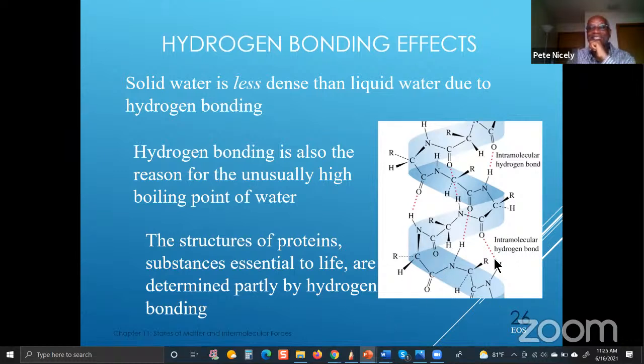So this is the DNA structure, and this is the hydrogen bonding I'm talking about here, between the hydrogen bonded to the nitrogen here, and the oxygen here, and there are other hydrogen bonds here, here, and so on. So that basically holds the whole protein structure together in this case. I'm trying to figure out if this is a DNA structure. I think it is, all right? So that's, again, reflecting the importance of hydrogen bonding.